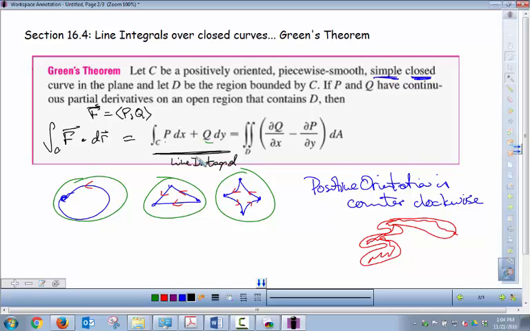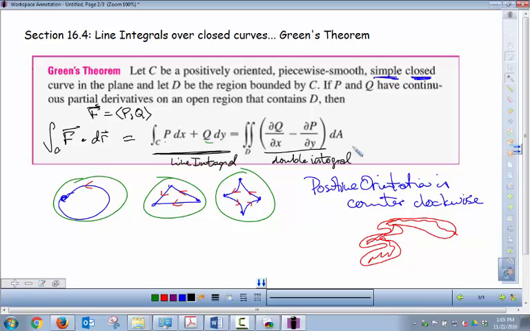And what we're saying is that this line integral is actually equal to this double integral. And that's kind of a big deal, where we can let one integral equal another type of integral.